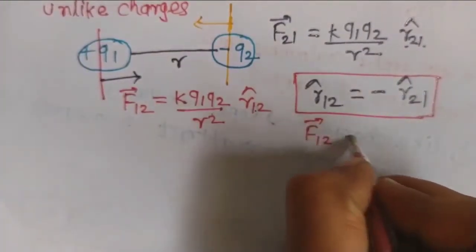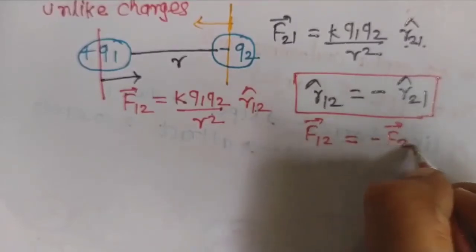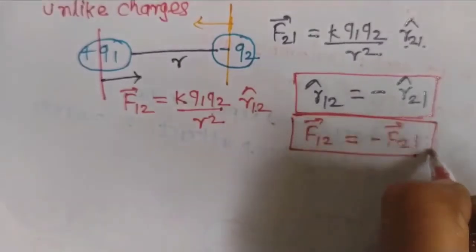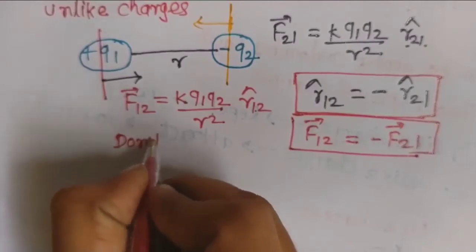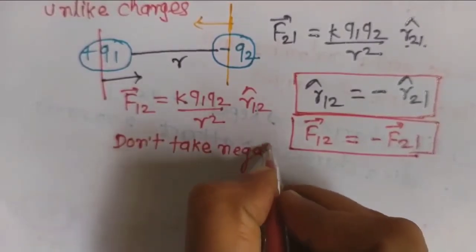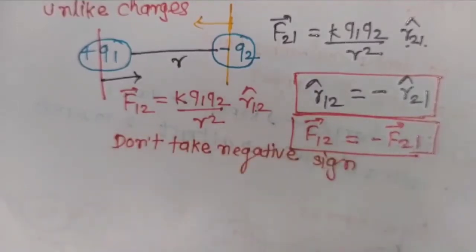That is, F12 is equal to minus F21. And while solving the problem, don't take the negative signs, only take the magnitude.